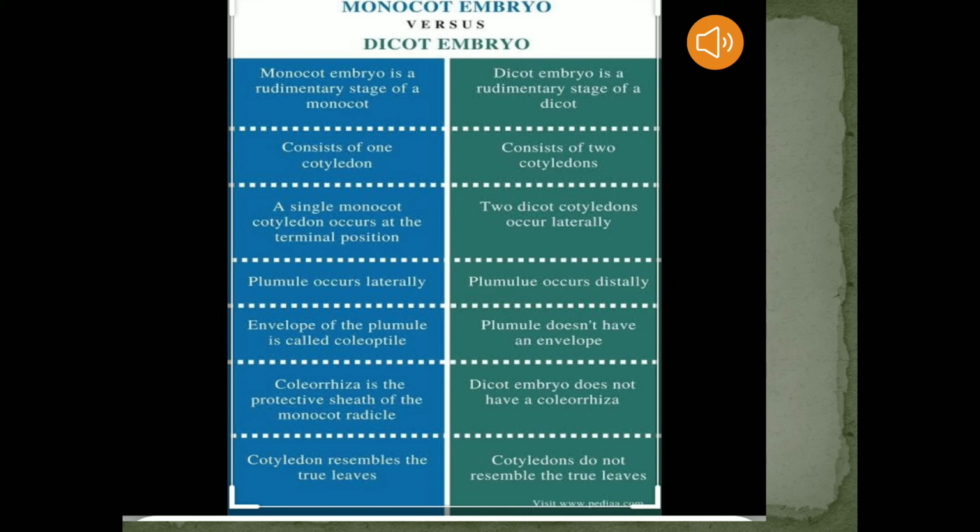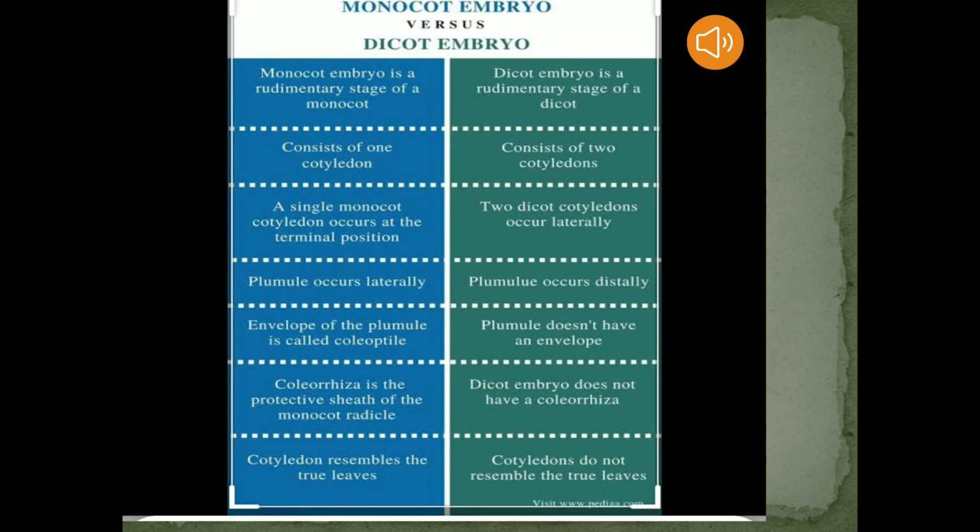Now, let's compare the monocot and dicot embryo. Monocot embryo as well as dicot embryo are both a rudimentary stage of their respective plant. Now let's see the difference between them. Monocot embryo consists of only one cotyledon as the name suggests. Dicot embryo consists of two cotyledons.